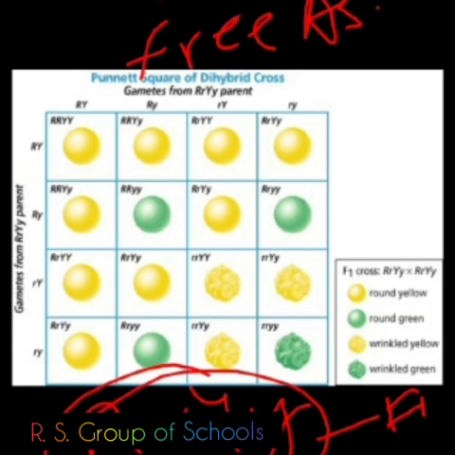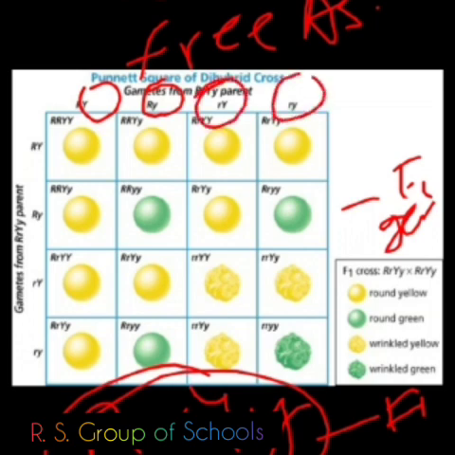Then for the F2 generation, firstly we get the gametes and cross them. The F2 generation gametes are RY, Ry, rY and ry.